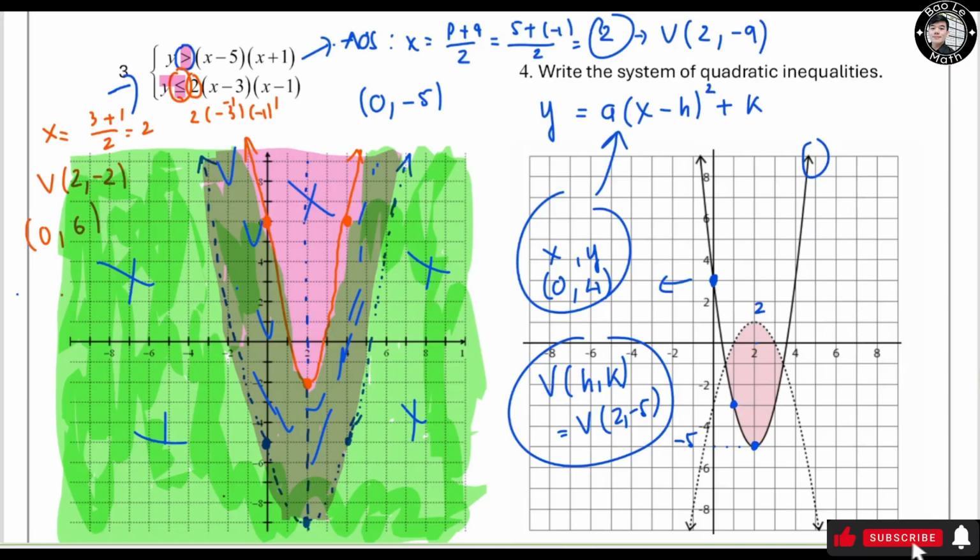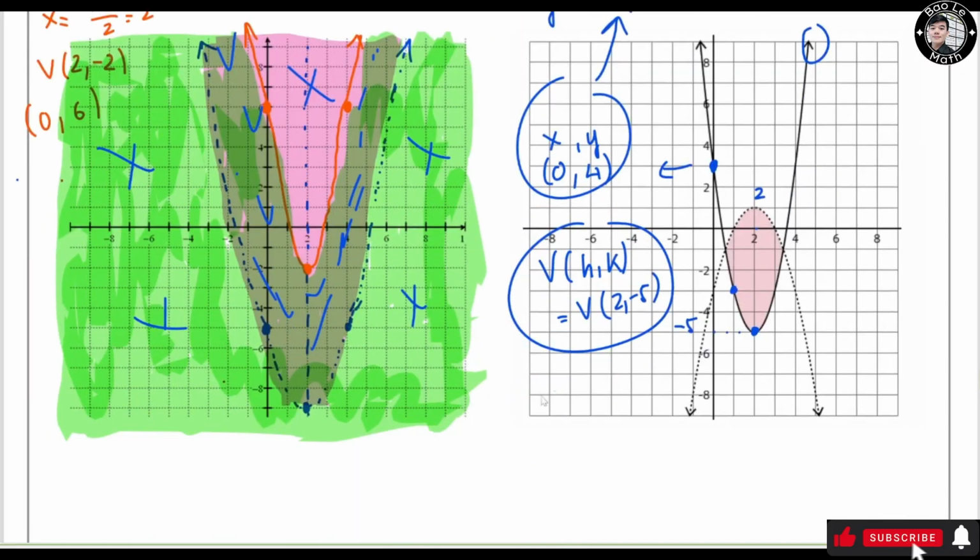to solve for a. So I have y equals 4 equals a times (x equals 0 minus h, which is 2) altogether squared plus k, but k equals negative 5. 0 minus 2 is negative 2, squared it is 4. So we have 4a minus 5 equals 4.